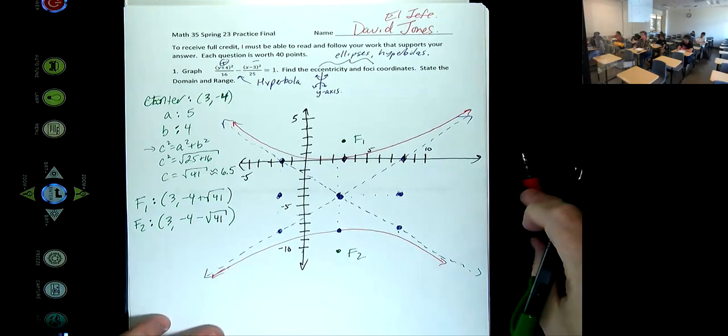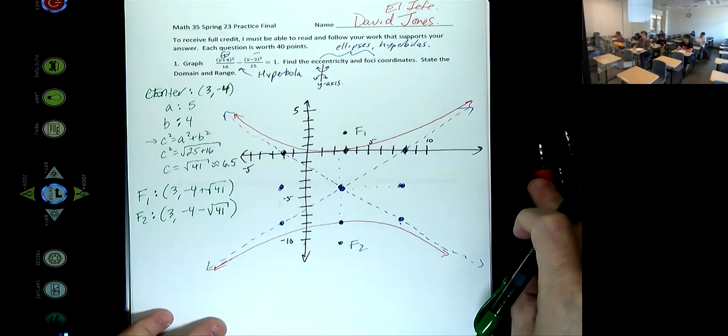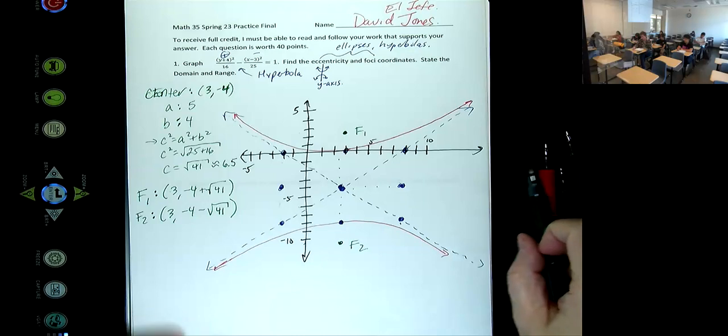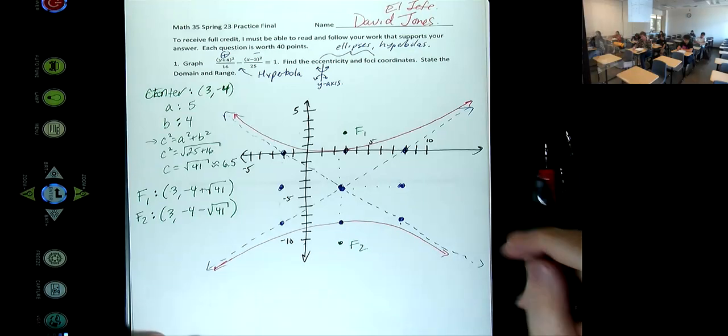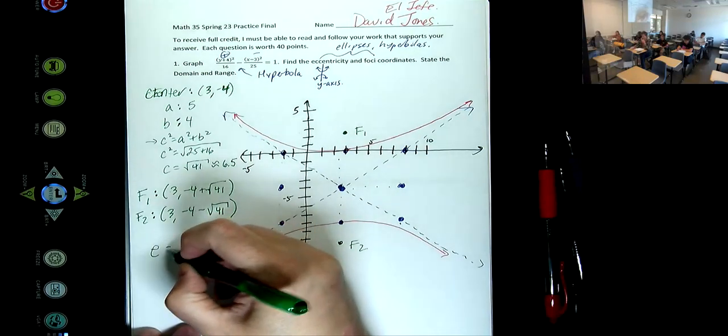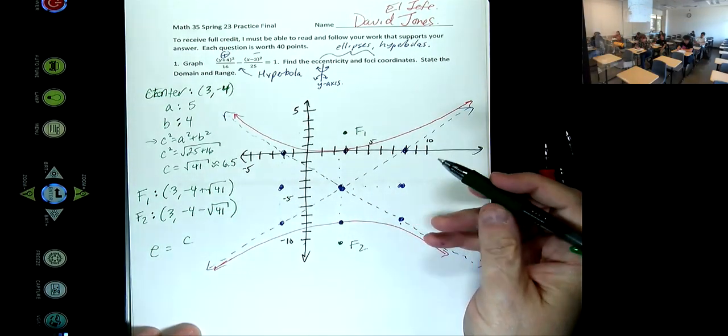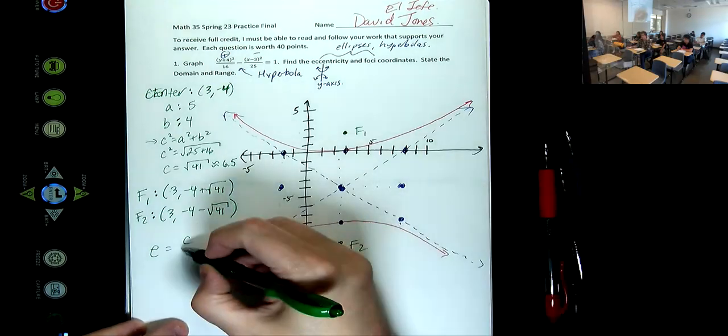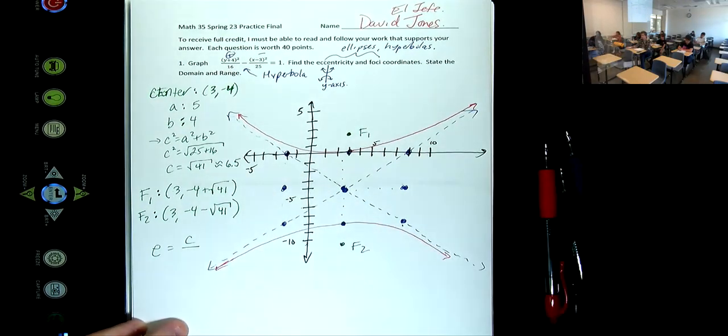How do I find eccentricity? The major, or the transverse value, which is what here? It's not 5. It's 4.